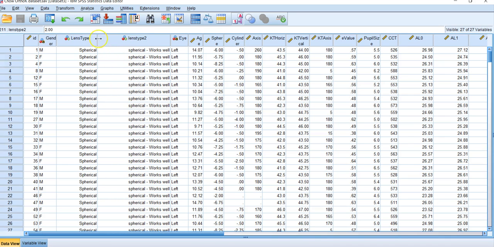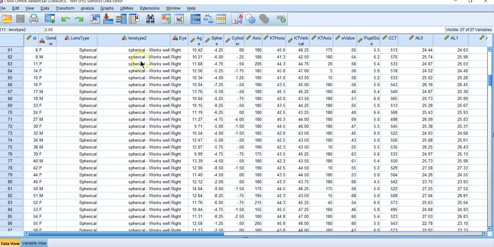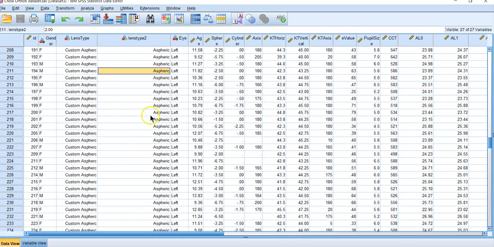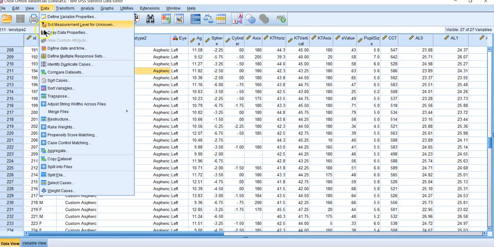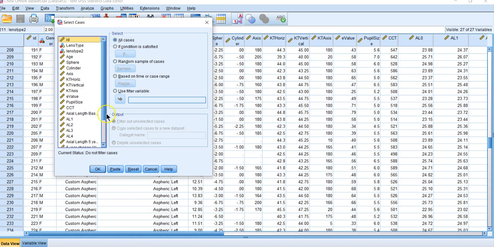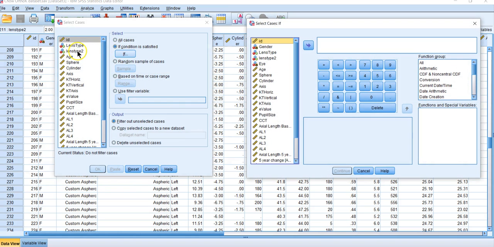Now we have lens type 2, we have spherical works well, spherical doesn't work well, and aspheric. Well, we need to get rid of the aspheric lens because we just want a binary, and that's 3. So we're going to select cases if lens type 2 is... it turns out the aspheric is 2, so we don't want any lens that is equal to 2.